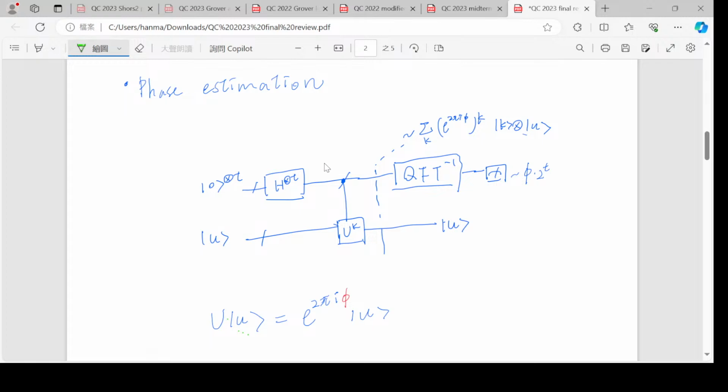So here we have the equal superposition of some k, where you have 2 to the t possible k, so k from 0 to 2 to the t minus 1. It's an equal superposition of all computational basis states.